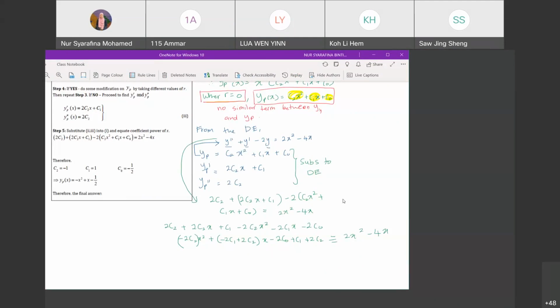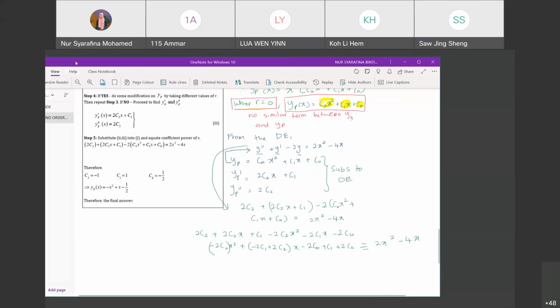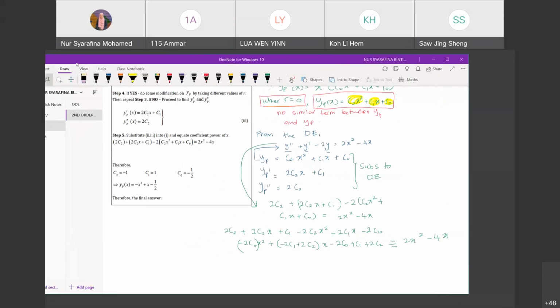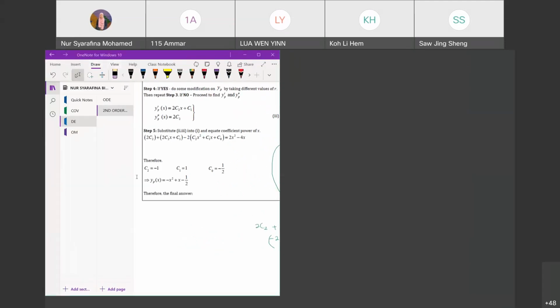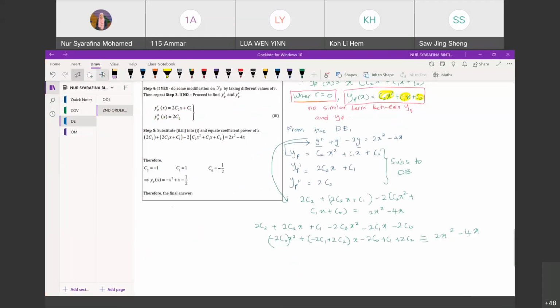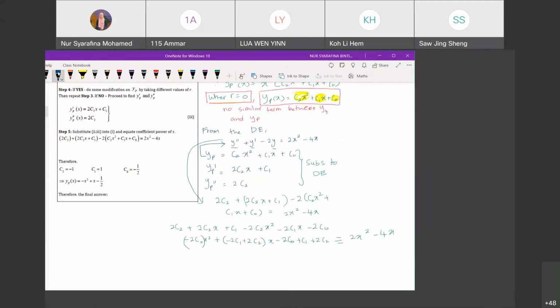How can you compare? For those with x squared, compare with x squared. So minus 2c2 equals 2. For those with x, compare with x.